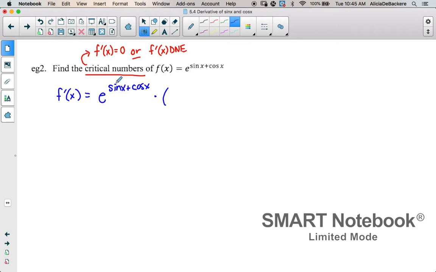So I'm just going to do one piece at a time, taking the derivative of sine x, that's cos x. I can do one piece at a time here because it's just addition in between. And then taking the derivative of cos x, that's negative sine x. And so I've got my derivative here. I'm not too worried about simplifying because what I want to know here is when does this equal 0 and when does it not exist. So we're going to split it up here.